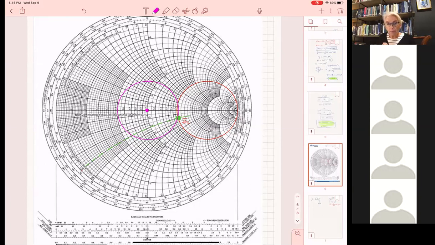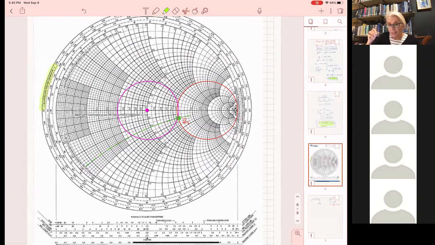What does that mean? That means that if I have a transmission line next to my LNA and not the stub, then I can only move along this line. All right, I can go. And in fact, since I'm going from the load towards the generator, you see this here?